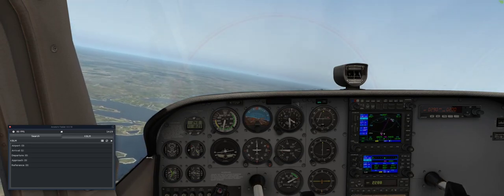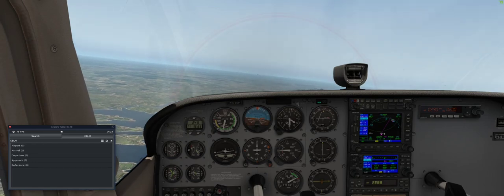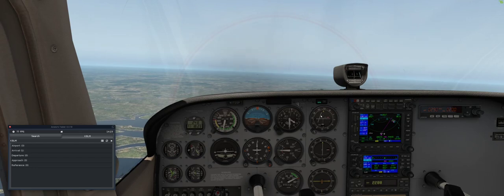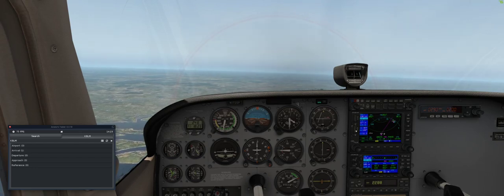I can predict what's going to happen: as we get close to that radial, this CDI needle is going to start to center.